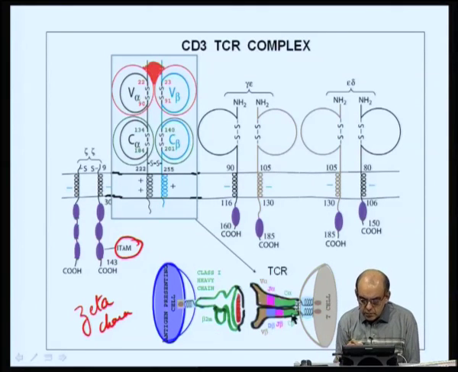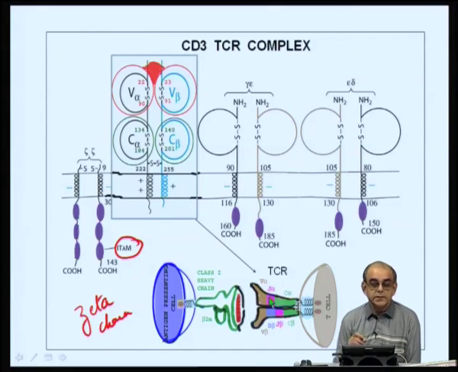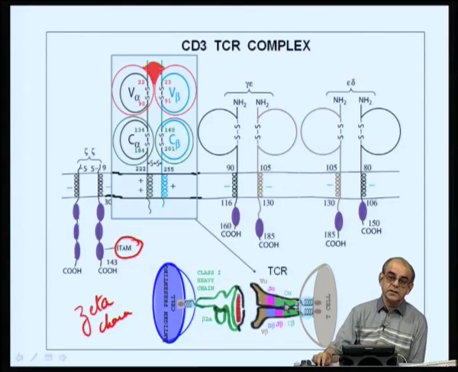So, you have these constant portions that are juxtaposed with the joining segment in the alpha, which is similar to that in the light chain, which does not have the diversity segment. It has only the J segment or the joining segment. So, you have V, D, J and C for the heavy chain of immunoglobulins as well as for the beta chain of the T cell receptor. And you have the V, J, C for the light chain of immunoglobulin molecules and the alpha chain of this T cell receptor.